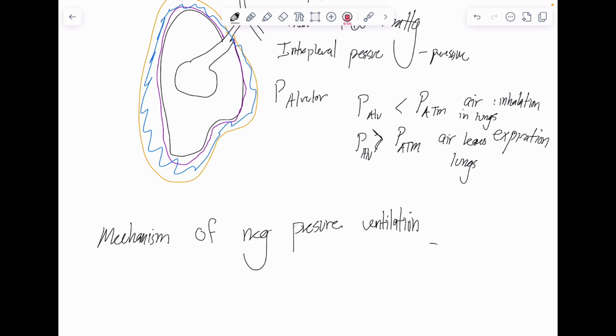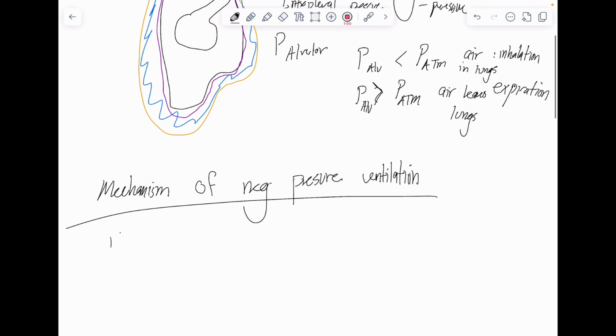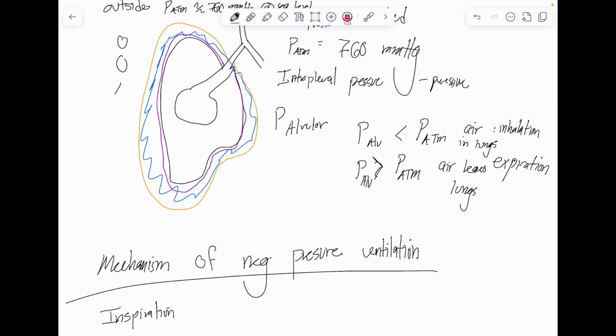So during inspiration, the diaphragm, which is just underneath the lungs, will contract and flatten out, which will increase the thoracic volume. Our external intercostal muscles, so we're going to draw it out, our ribs are right here, and these little muscles in between are the intercostal muscles.